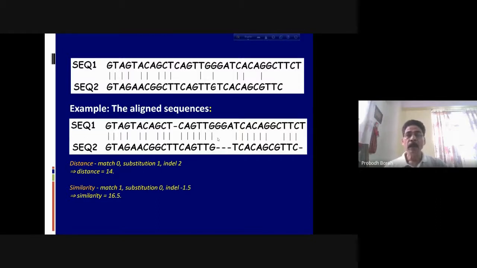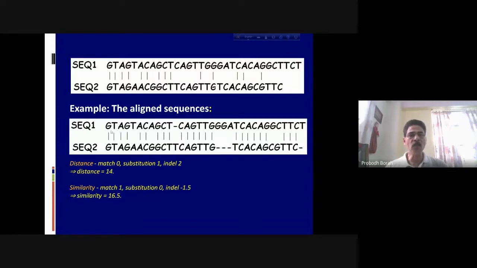Now, why is this so? Because you see, these variations could have occurred in the process of evolution at some time in evolutionary history between these two sequences, although they were supposedly the same identical sequences at one point of time in the evolutionary history.